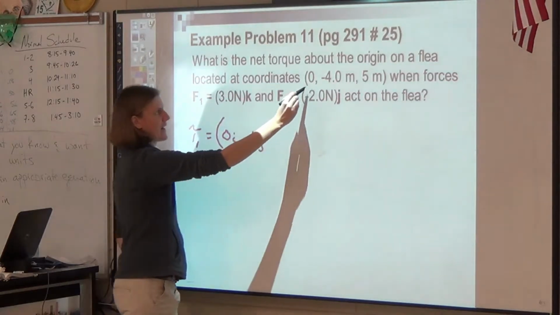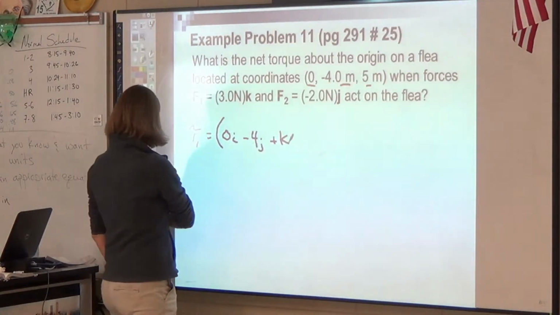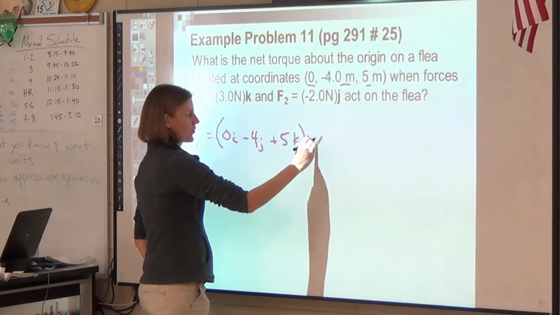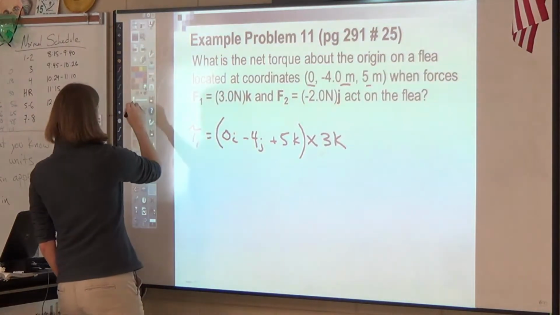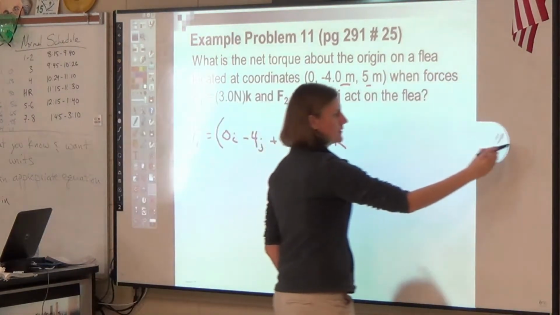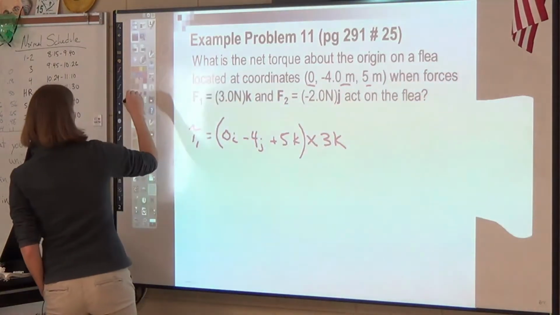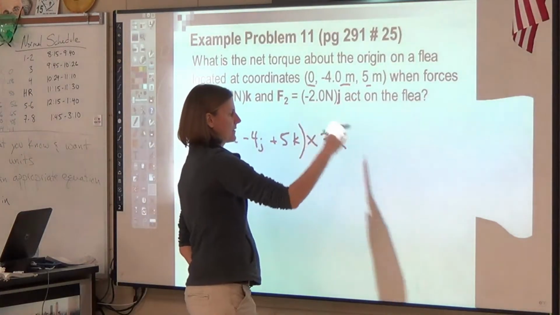I'm just going to stick the I, J, and K on there. Cross 3K. And then torque 2, of course, R cross that F.